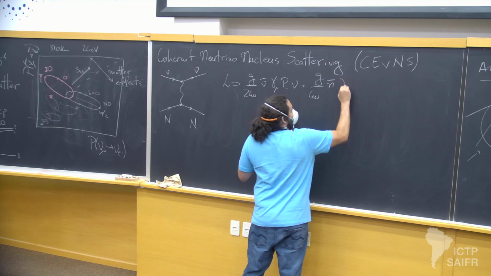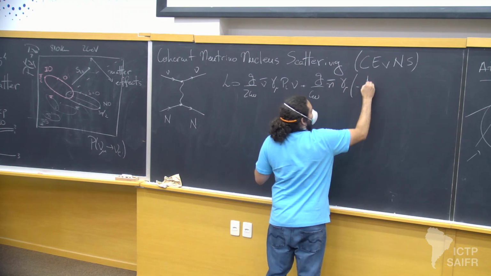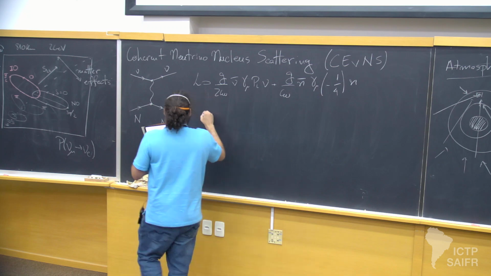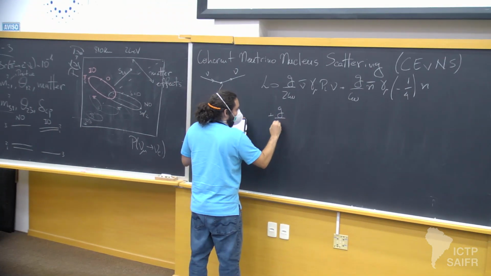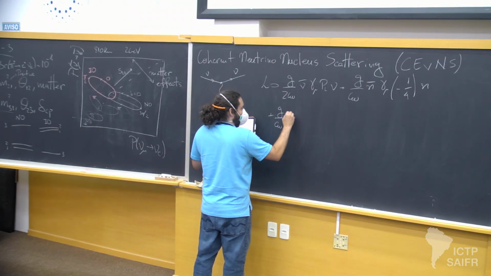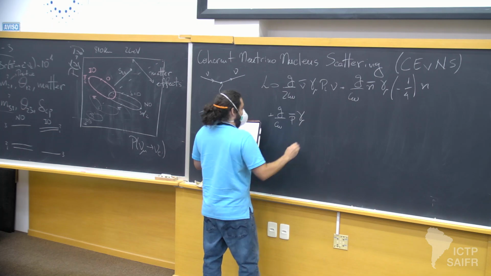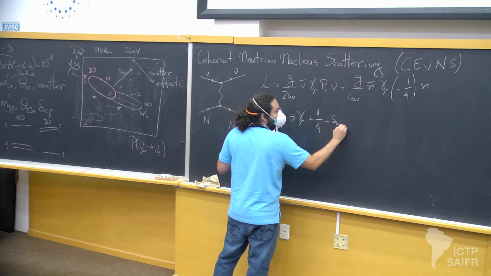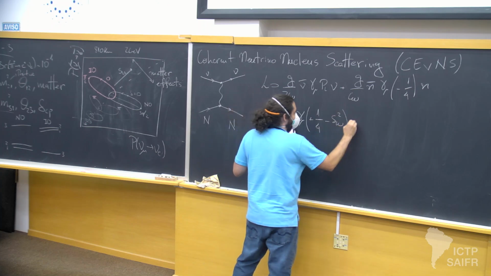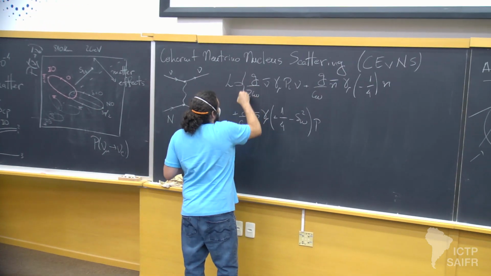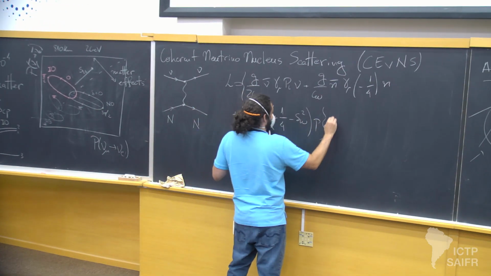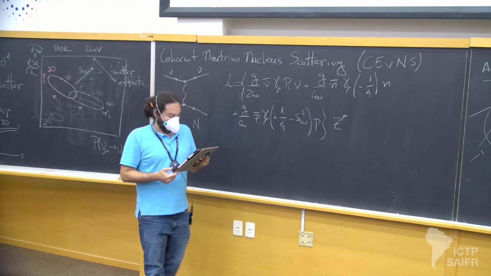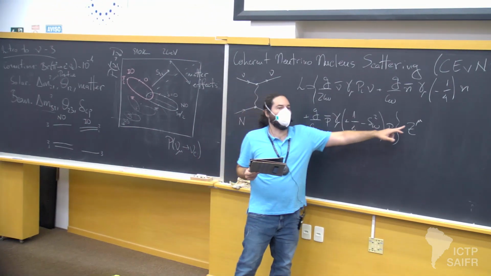Neutrons, gamma mu, minus 1 over 4, and I'll tell you where these numbers come from in a second. G over CW, protons, and clearly I'm not doing this properly, because I'll just do this with a Z, okay? You always need to contract Lorentz indices, right?